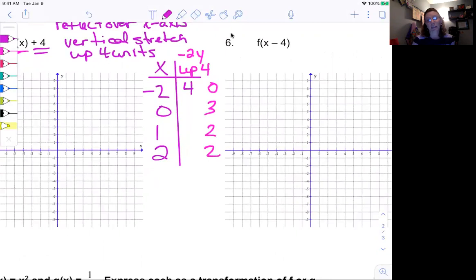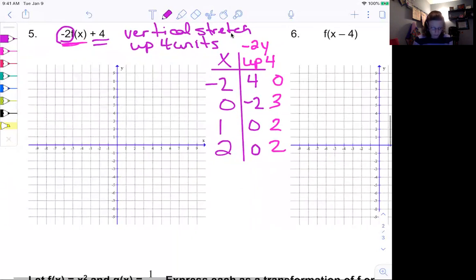Multiplying 3 by -2, so now I have -6 plus 4. 2 and -2 make -4, adding 4. 2 again times -2 is -4, and then I add 4. Those would be my new values of my graph.